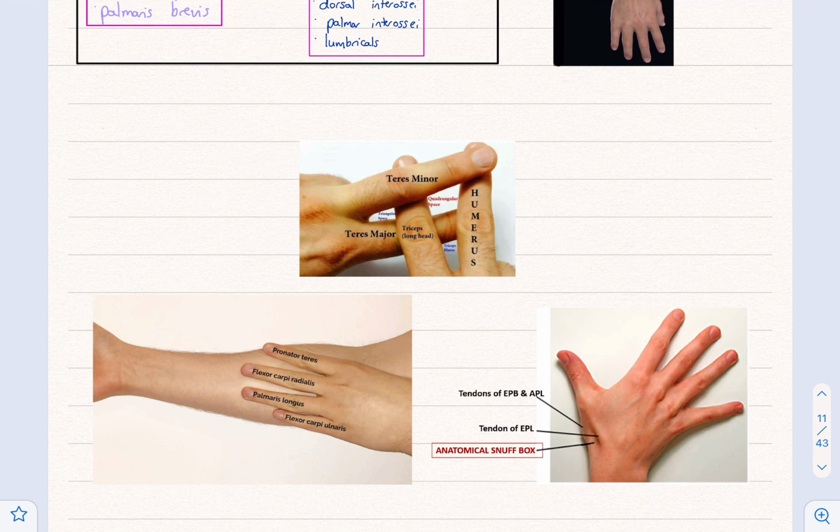Okay, so if you just do this with your fingers, you will then see these shapes appear. So you have the triangular space, quadrangular space, triceps hiatus. The triangular space contains the scapular circumflex vessels.